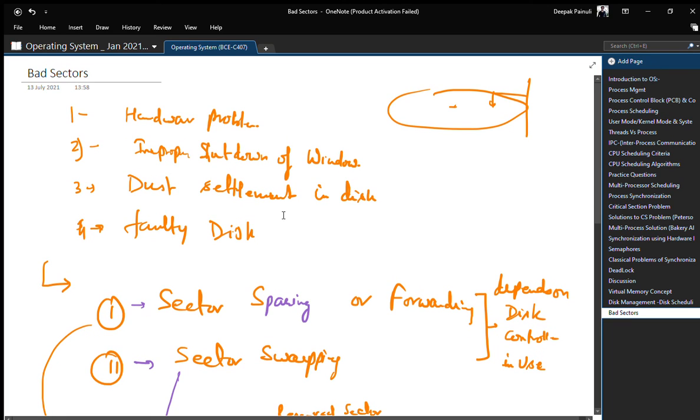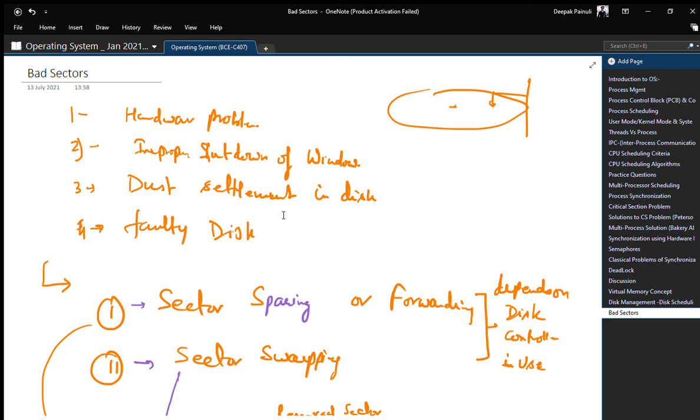Bad sectors, what are bad sectors? Bad sectors are the areas, tracks or sectors of the disk which are unreadable due to some reason, whether there is a hardware fault, improper shutdown, or dust, or the disk is faulty. Then you need to take care of bad sectors, because if you are reading bad sectors, your system or operating system will be affected by this.